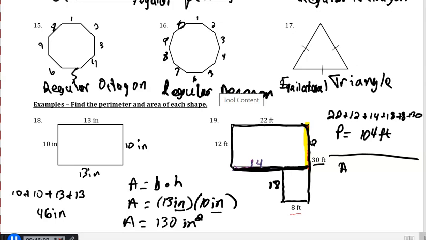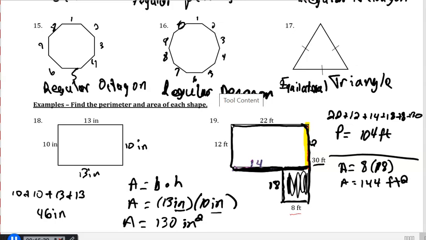If we want the area, again, we're going to have to split this up into two separate little problems. If I wanted the area of this guy, we need its base multiplied by its height. So that is going to be 8 times 18. So 8 times 18 would give us 144 feet squared.